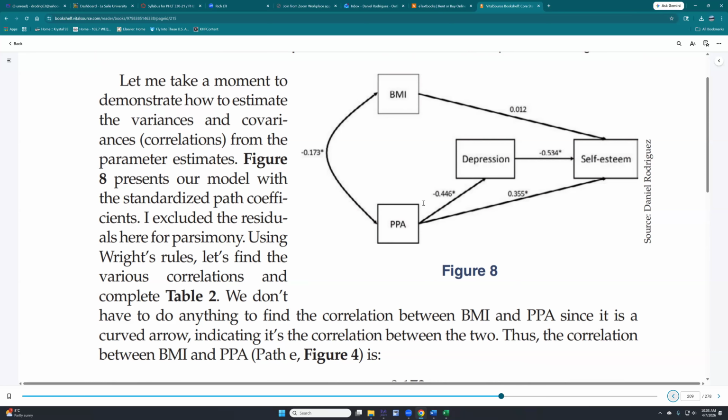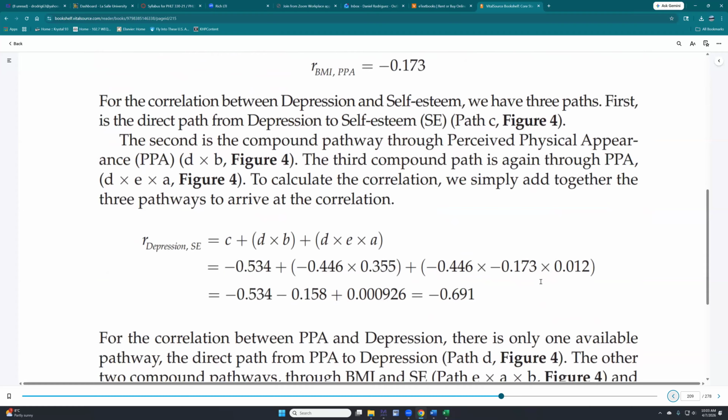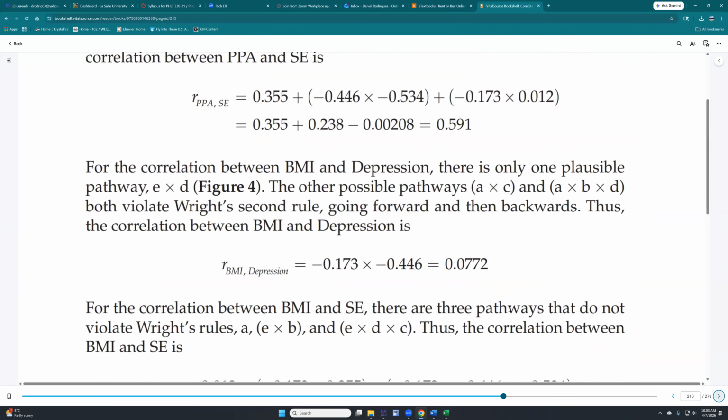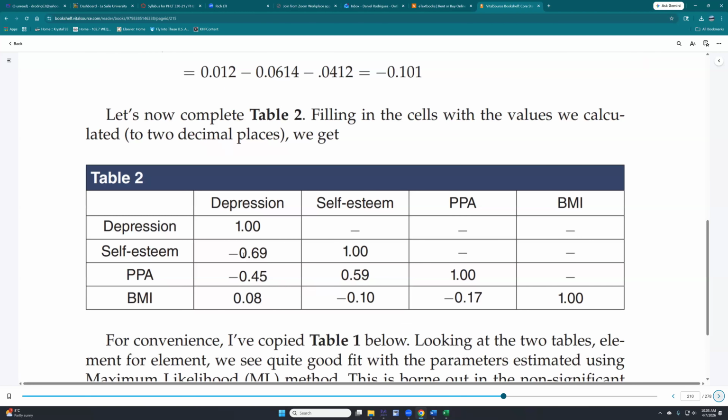So it's negative 0.446 times negative 0.173 times 0.012, and that's it right here. All right, so I add all those together and I get negative 0.691 for the correlation. Then I'll plug that into my matrix. Negative 0.691. Here it is right here.